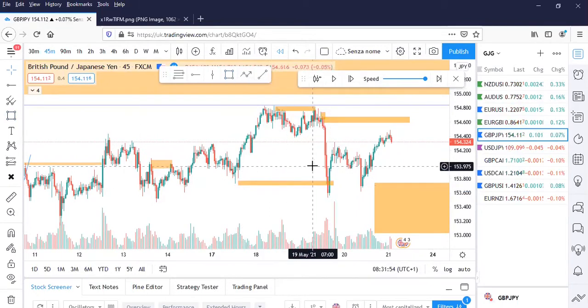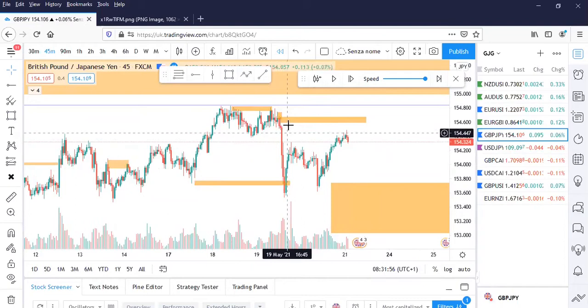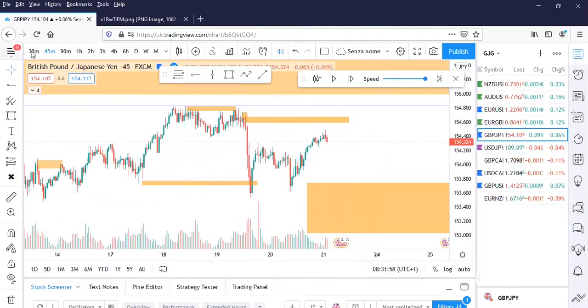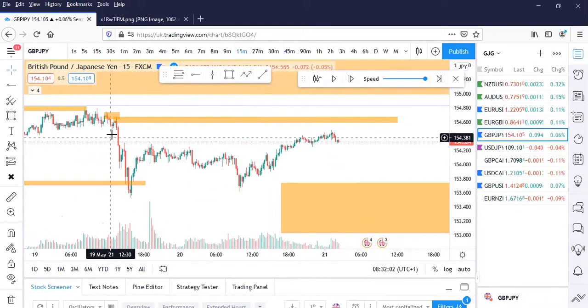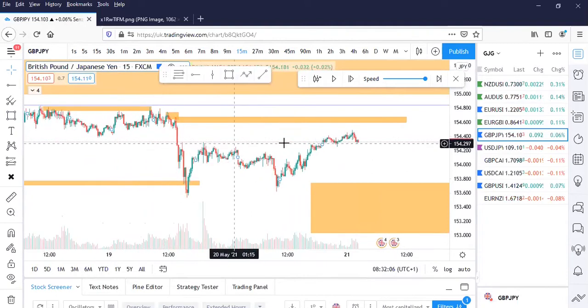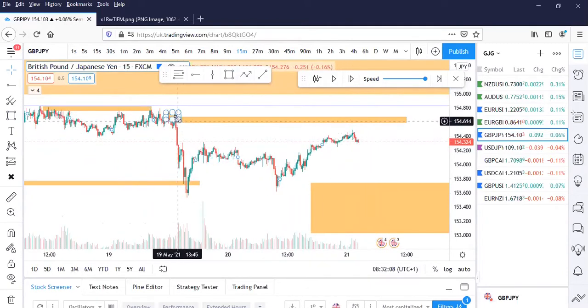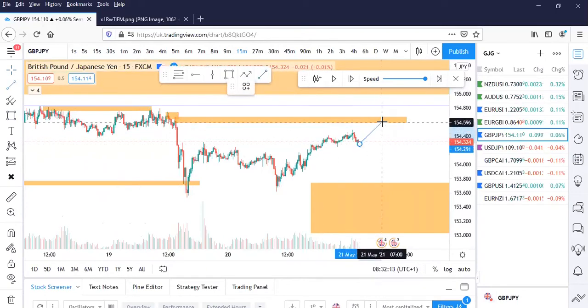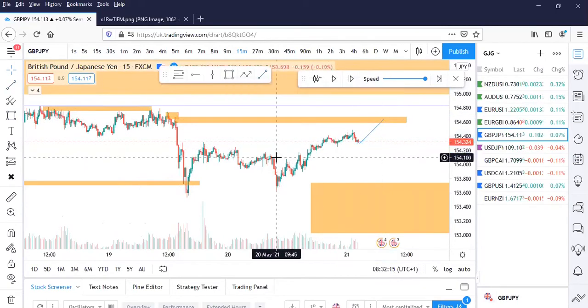So what do we need? We need price to return back to our area of interest, which is probably the last point of supply and demand. We need first to return back to our area of interest so that we can take a trade.